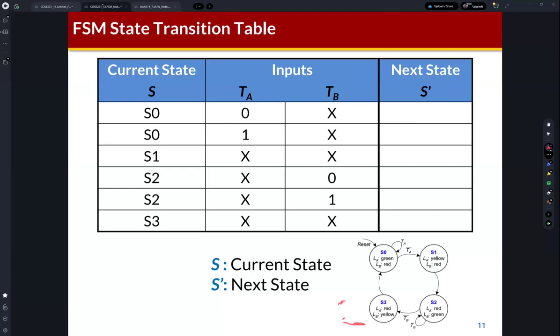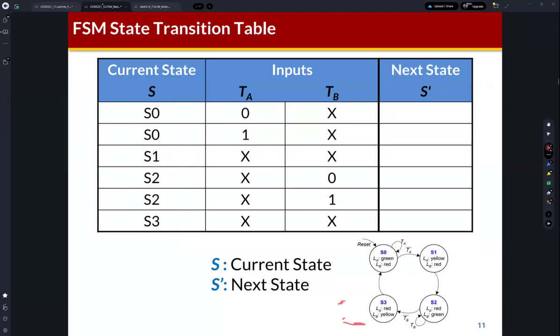And actually in all types of FSM, next states are determined by input signals and current state, right? So we need to list the current states here, and we need to list the inputs for each current state.